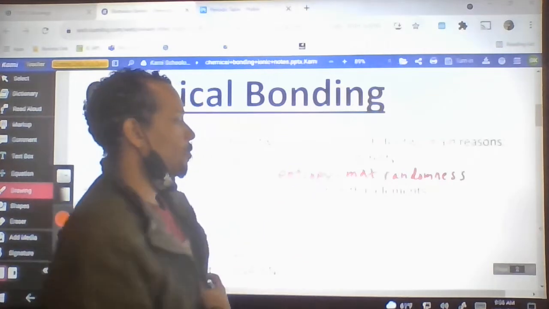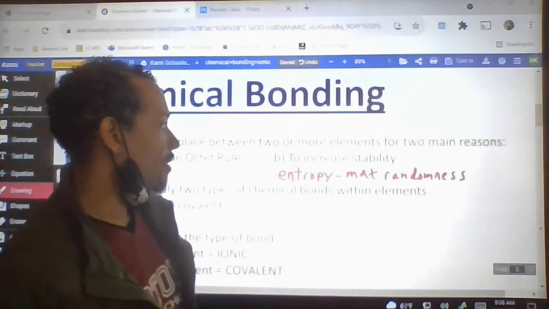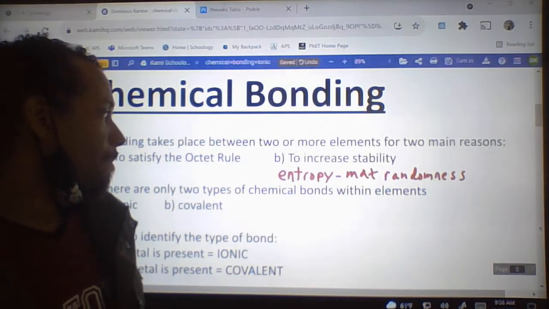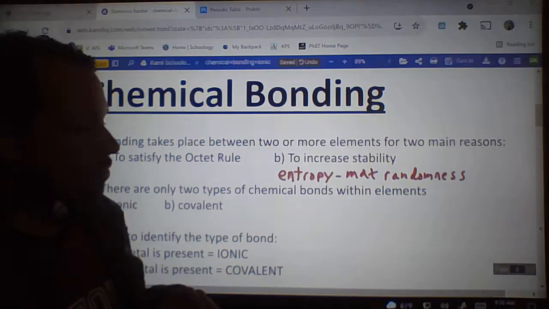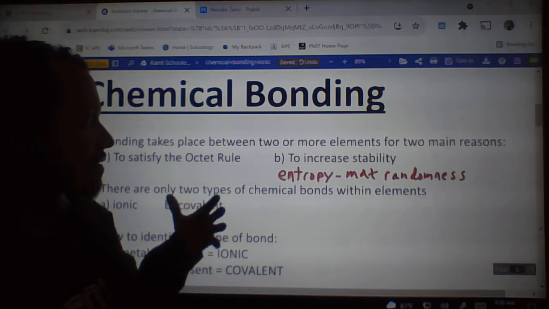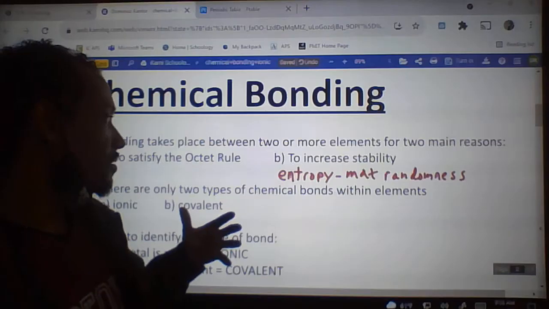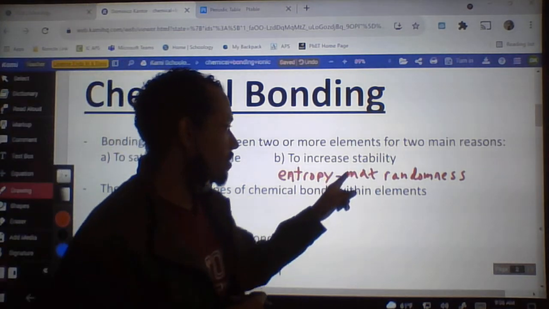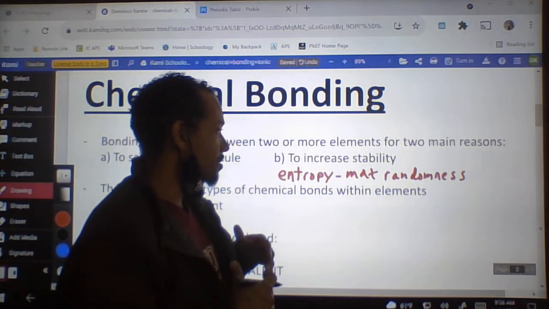Entropy wants to maximize randomness or increase stability. And when we look at the universe, the only thing that's pretty uniform about the universe is that everything is different. So that's the theme that we can see. Everything is not the same. Entropy wants to maximize that because it's the most stable form.